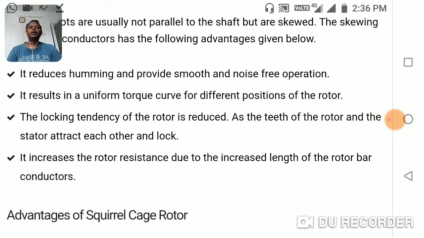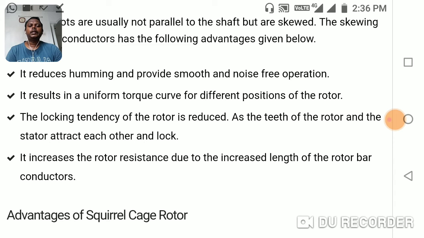For locking tendency, we already discussed many times, where the rotor and the stator get magnetically interlocked, so it doesn't rotate. To avoid this locking condition, most of the rotors have skewed conductor slots, which is for avoiding the magnetic lock.